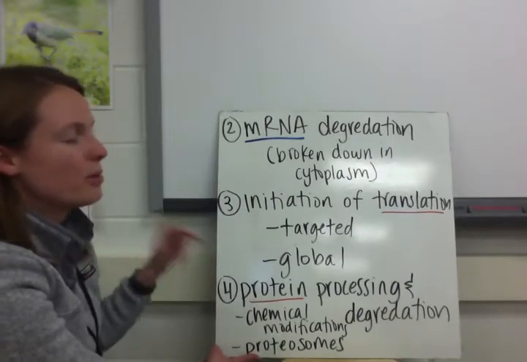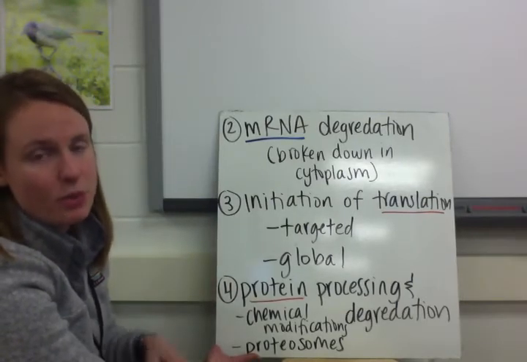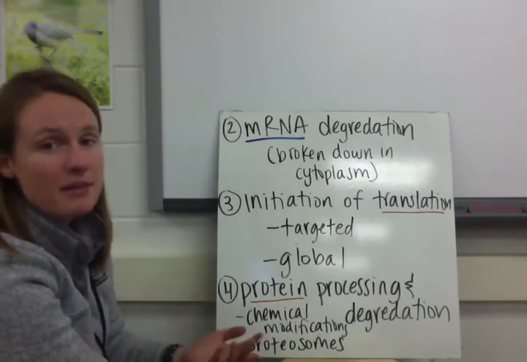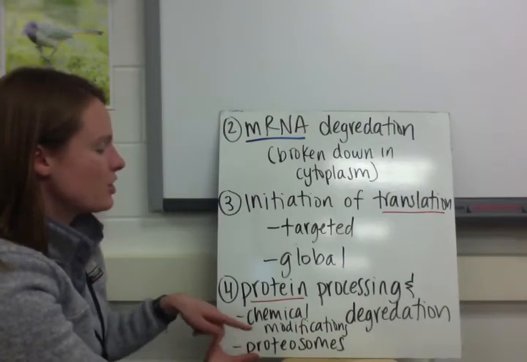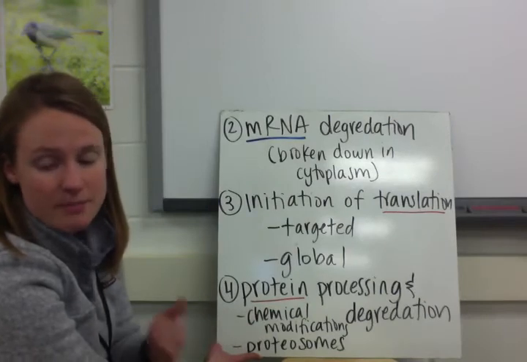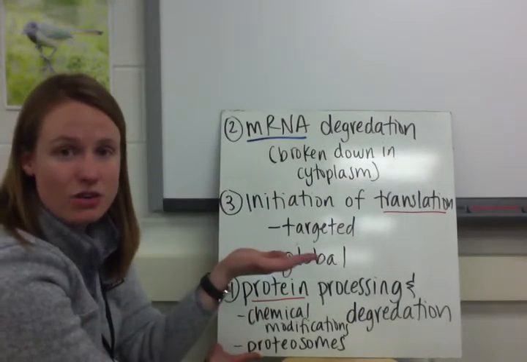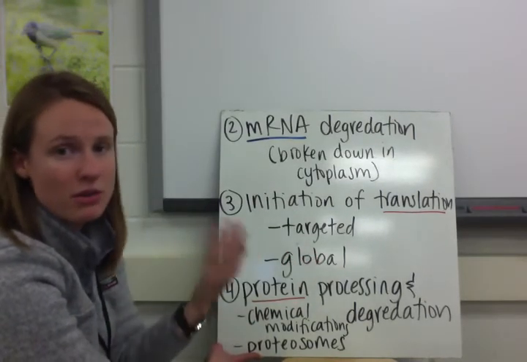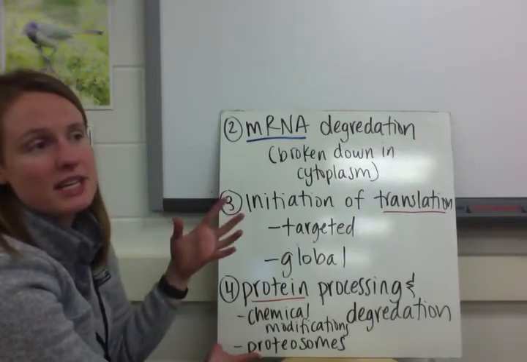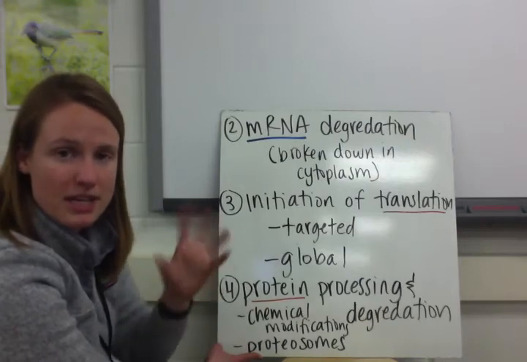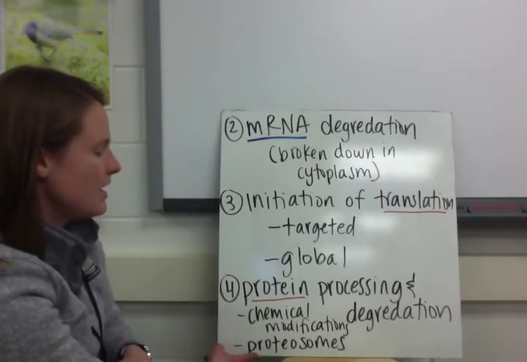There's also protein processing and degradation. So proteins, after they're made by ribosomes, undergo chemical modifications, kind of like the DNA and the chromatin that we saw. Acetyl groups, methyl groups, other groups can be added to the protein, and the protein is folded in the way that it's supposed to be into its 3D structure.